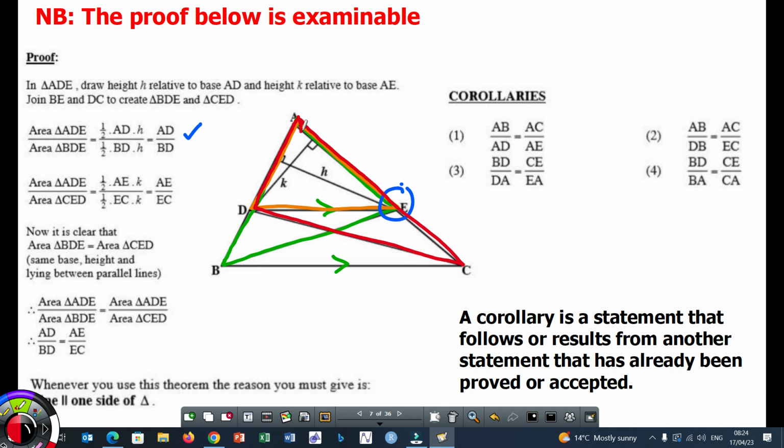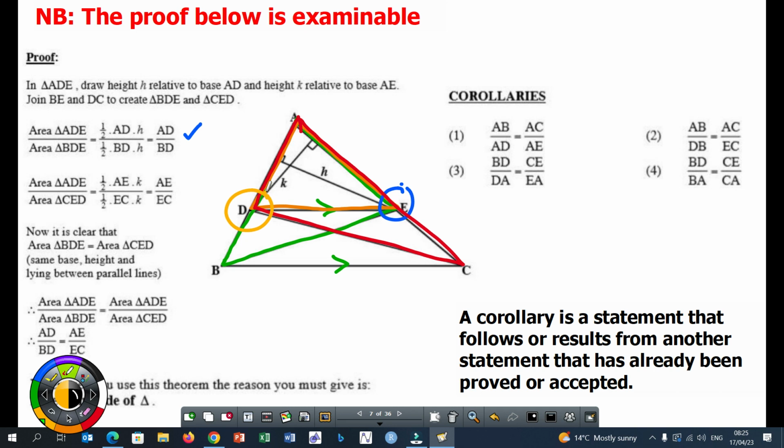Triangle ADE is a common triangle that you use to determine both ratios. If you consider triangle ADC and triangle ADE, they share a common vertex, and that vertex is D. Therefore, both of them have height K.